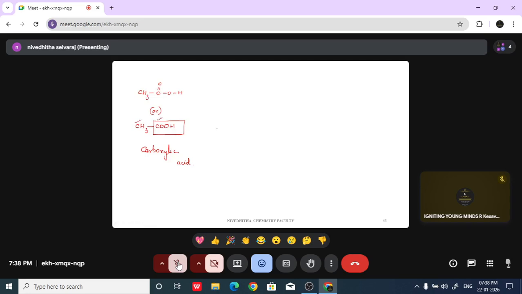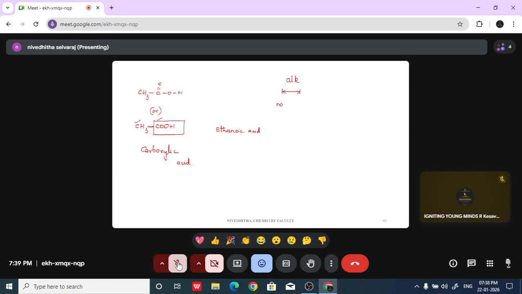So it is eth, and both the carbons are connected through a single bond, so it is an, and the suffix is oic acid. Whenever you are naming the compound, the first part is your root name, which represents the number of carbon atoms. Basically, the technical word is alk.